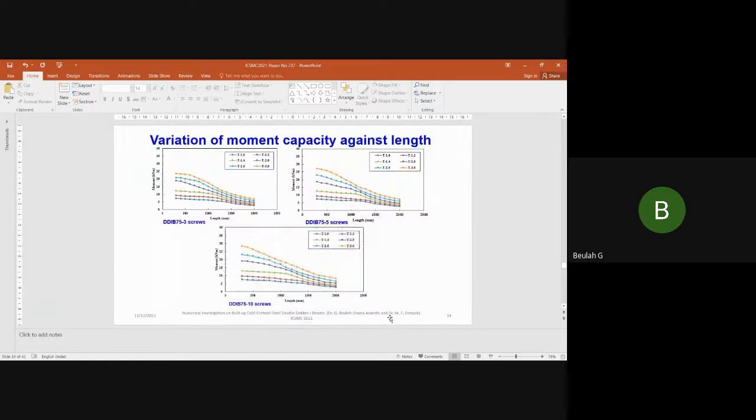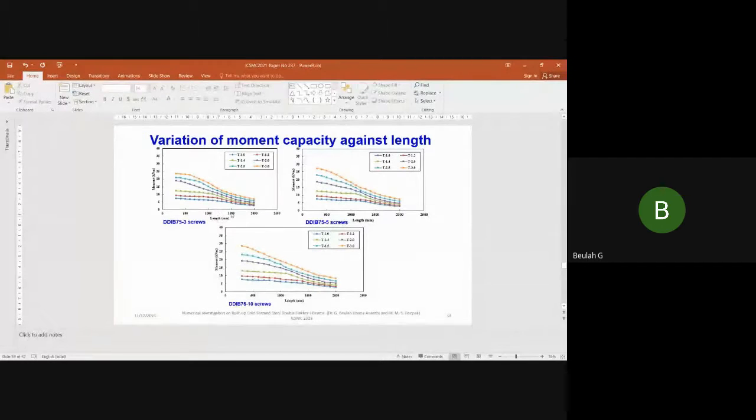So I have consolidated all the various thicknesses into one particular graph, in which you can observe the way in which it behaves. So here it is the 3 screw patterns, 5 and 10 screws. So here for all the 3 graphical representations, 500, 1000, 1500, 2000.